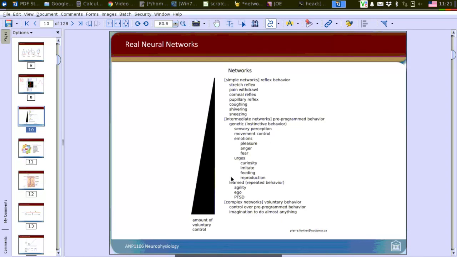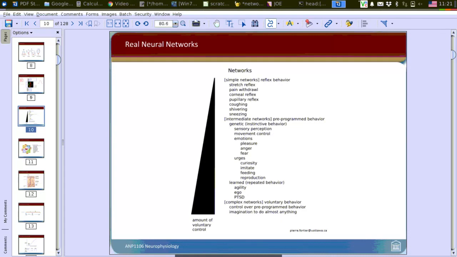Other ones are learned. So you learn pre-programmed responses, things that you repeat a lot. You generate pre-programmed responses to simplify things. That would be like a goaltender who, in a sense, reflexively moves his limbs to stop the puck that is coming towards him rapidly.